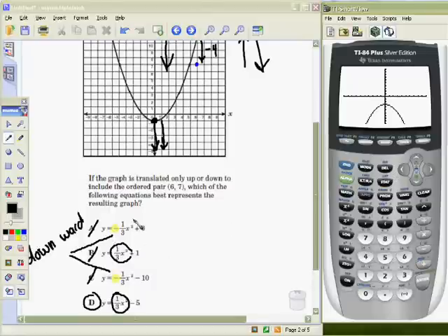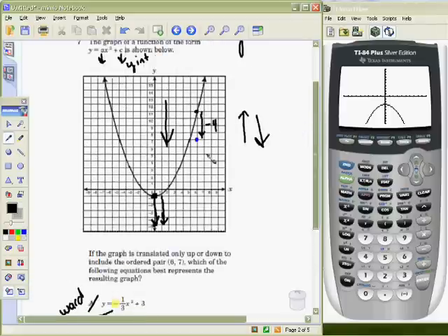Choice A opens downward, so obviously that's not going to be one of my choices, because I didn't change the way it opened. It just was going to slide down 4 units.